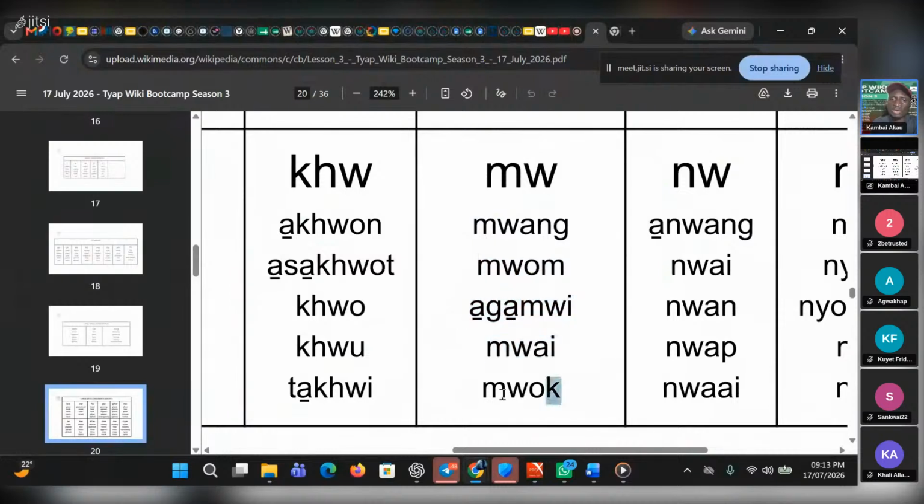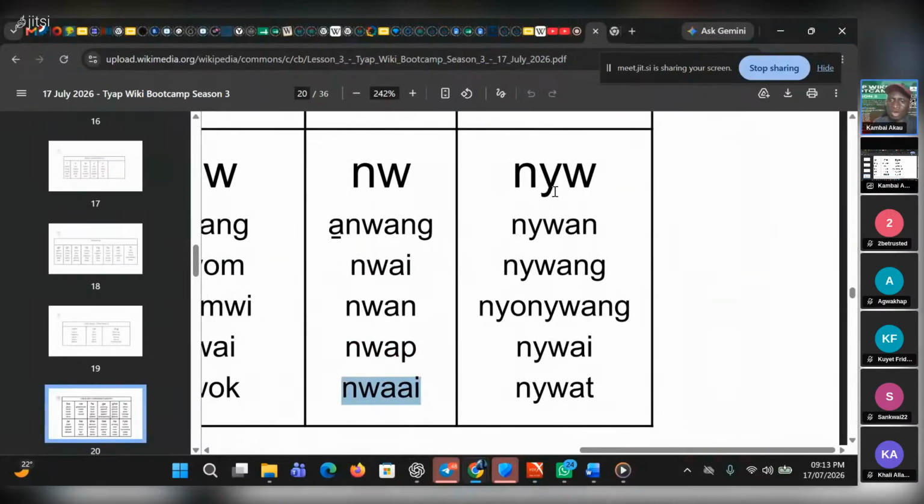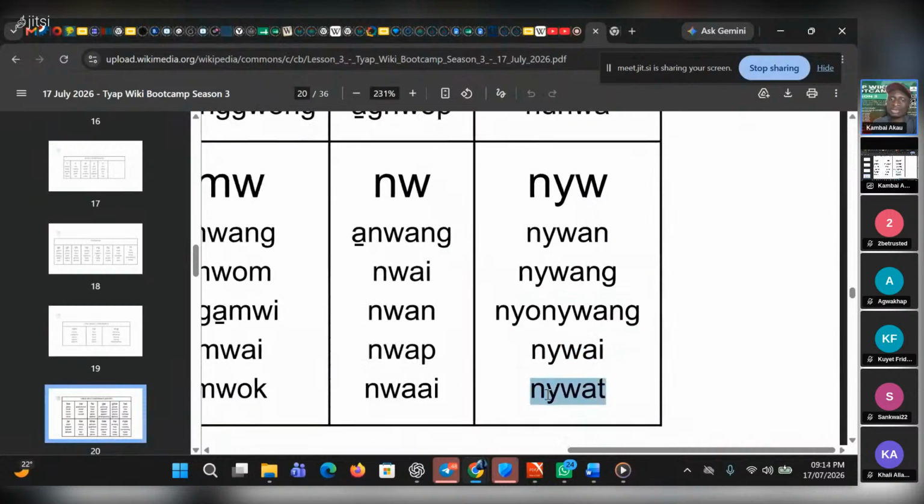Then we have the labialized nga sound, and then the labialized nya sound: nyuan, nyuang, nyuai, and nyuat.